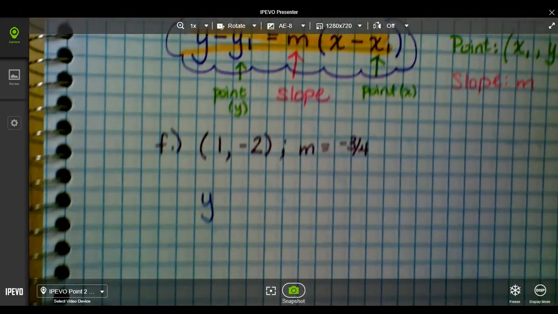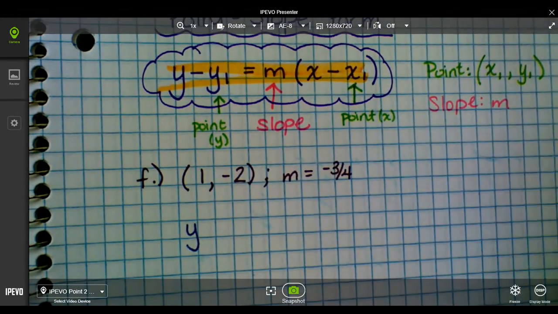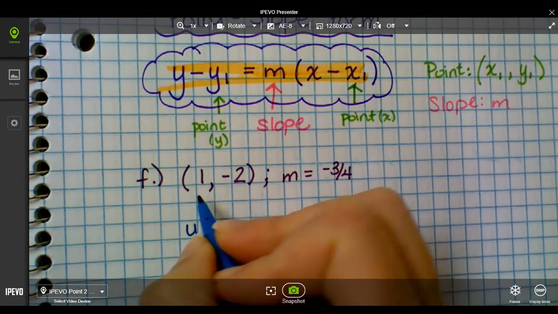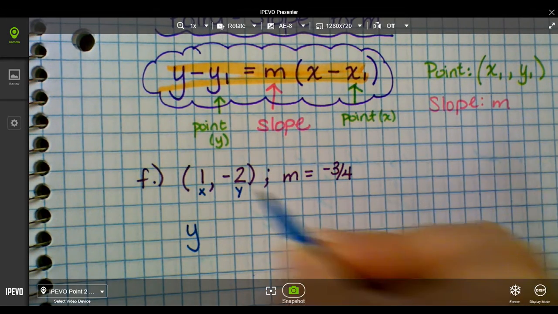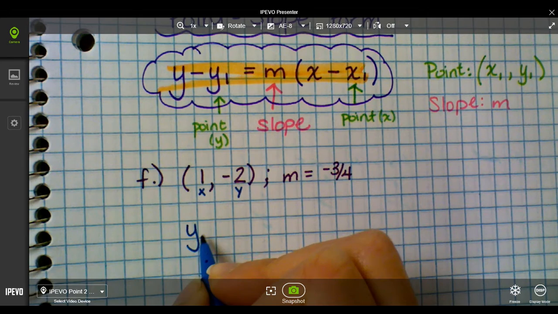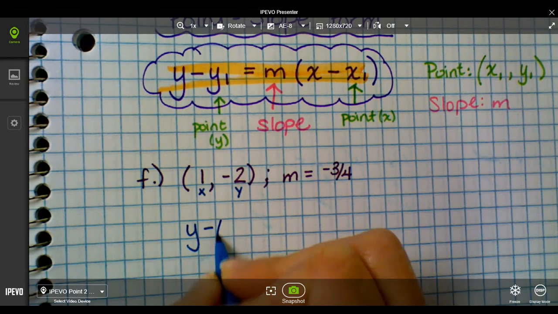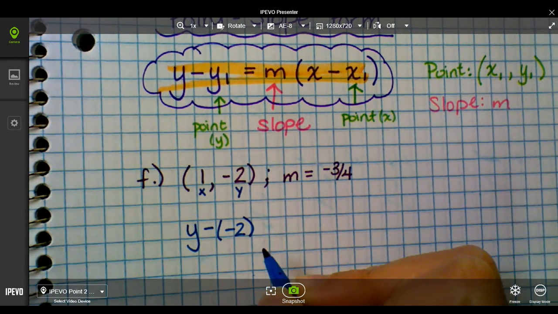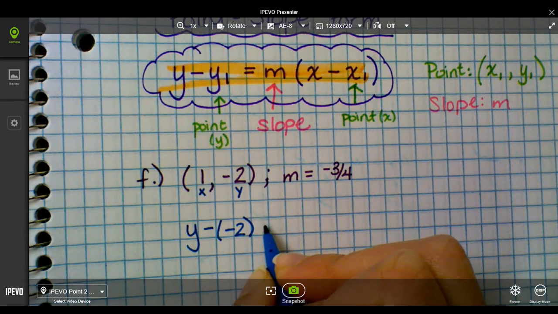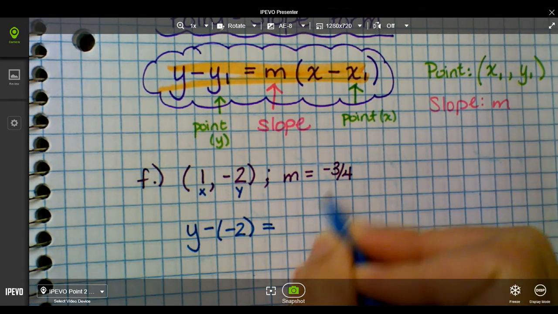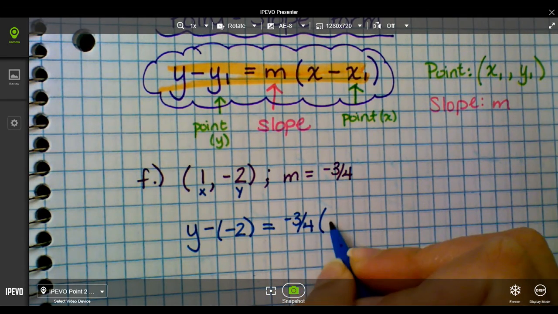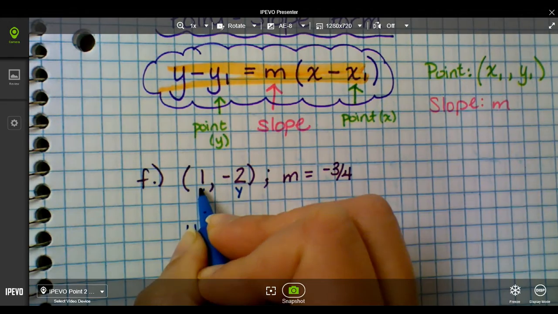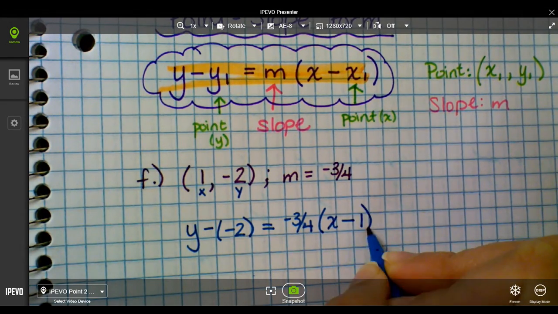We are going to have y minus y1. Sometimes it helps to just label your points so you don't get confused because your x value is coming first. So we do need to subtract, and now we have a negative 2. You need both of those negative signs in there because that does make a difference. And then equals my slope, which is negative 3/4, and then x minus my x1, which is just positive 1.